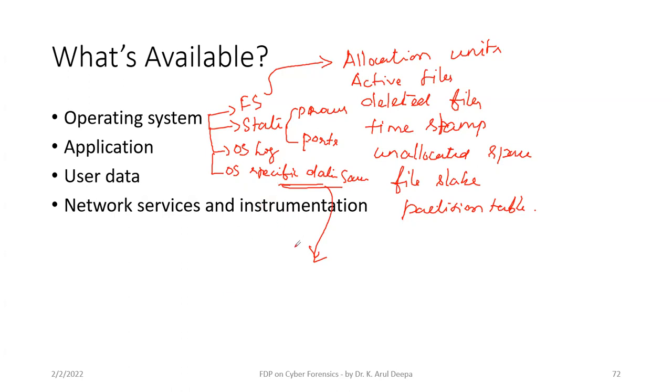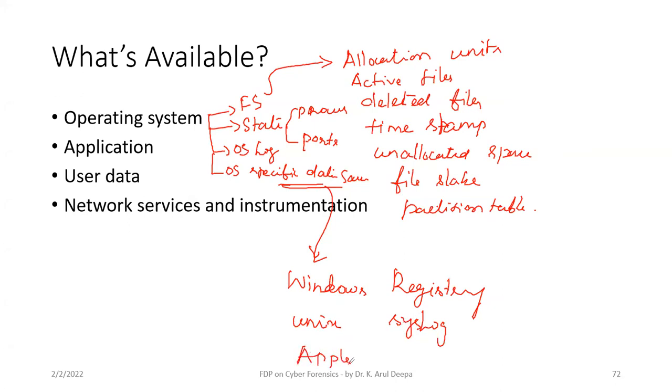If you properly investigate the OS data, you can collect really solid evidences. Imagine it is a Windows operating system, and if you investigate Windows registry, for very sure you will get solid information, solid data. If it is Unix, it is syslog, system log. This is equal to Windows registry. If it is Apple, you have Apple based system, you have plist files.